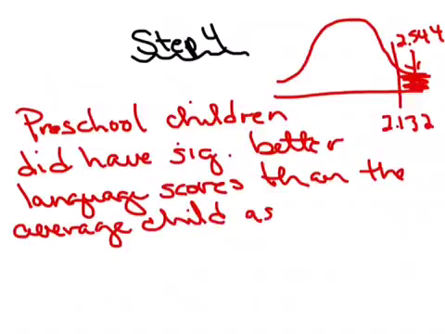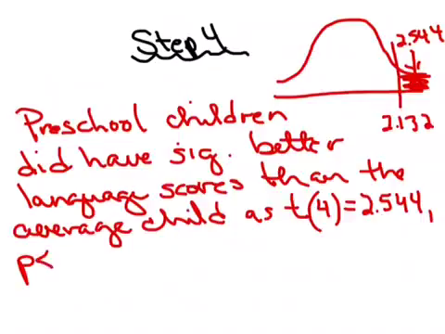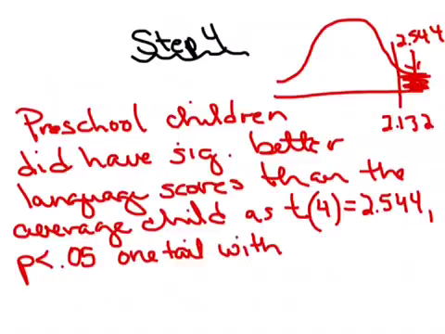As, now we're going to go t, degrees of freedom in the parentheses, our t obtained, which is 2.544. We're going to have our p related to alpha. We know that because this is significant, p is less than alpha, which was 0.05, one-tailed, with, and I'm going to report Cohen's d instead of eta squared.